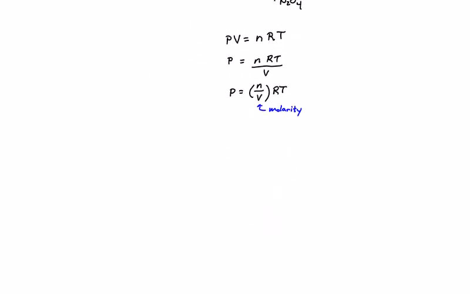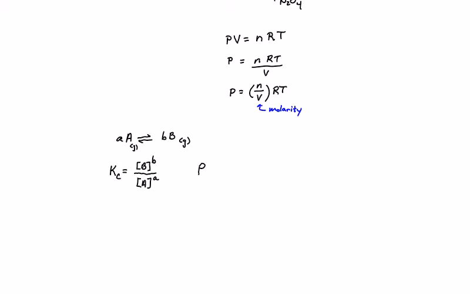So let's look at this in more general terms. Let's say that we are looking at some gas A in equilibrium with some gas B. Now we know that Kc is going to be equal to the concentration of B at equilibrium raised to the power of b, divided by the concentration of A at equilibrium raised to the power of a.